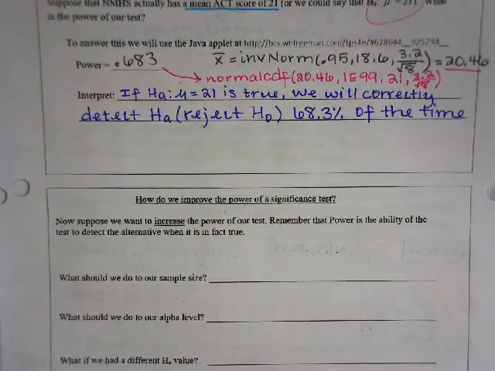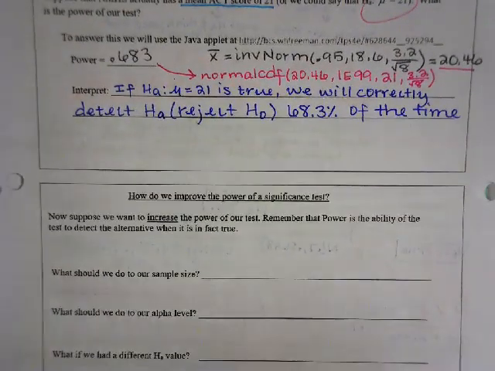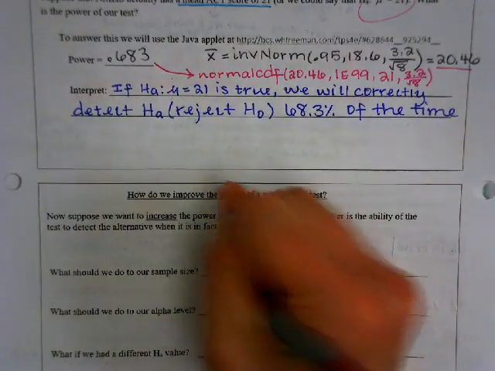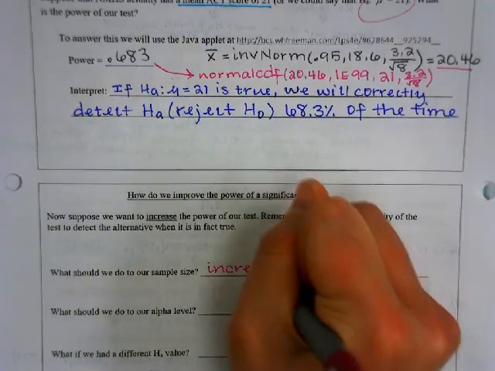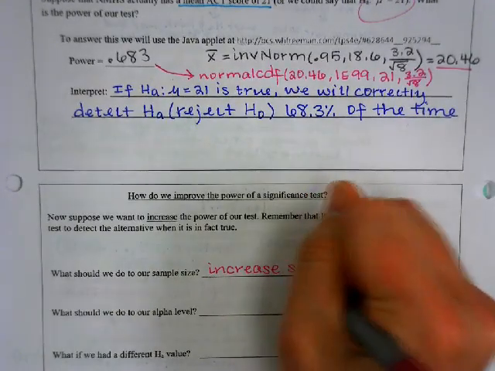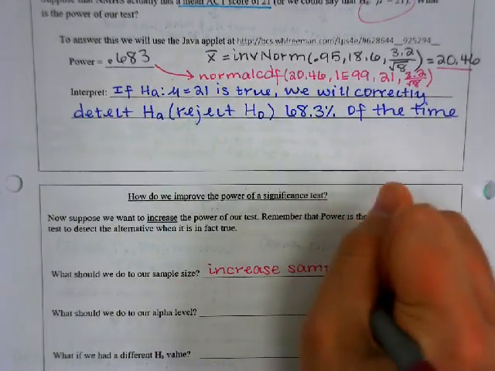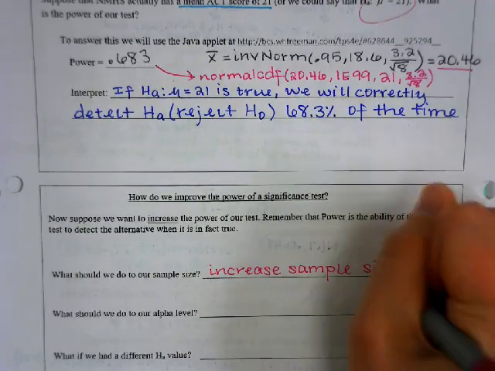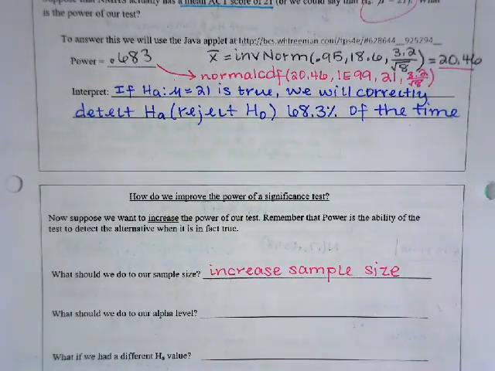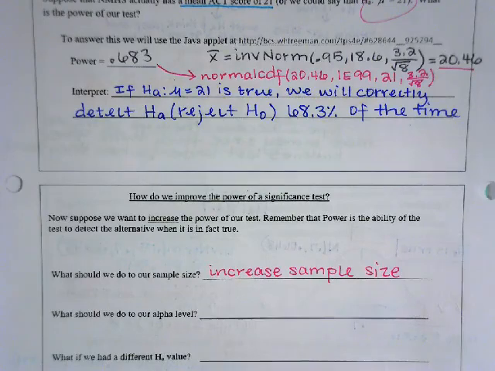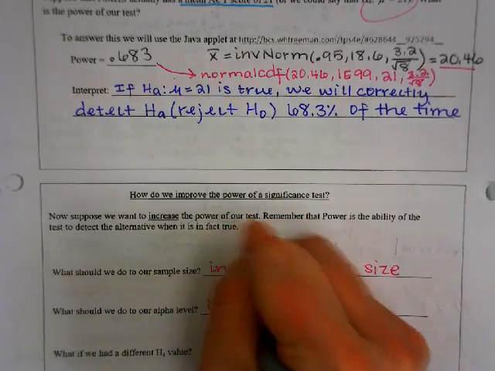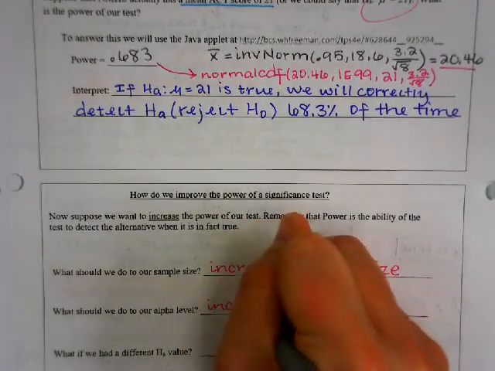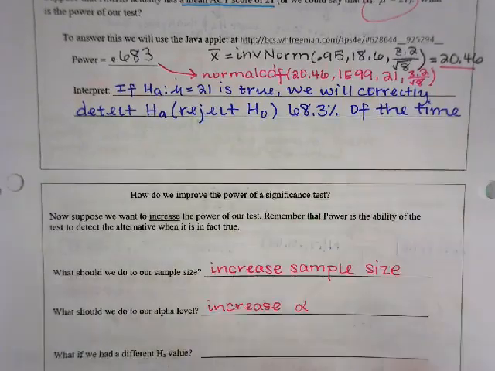What about the alpha level? Increase your alpha level. Because if we increase our alpha level, I'm going to flip back here. If we increase our alpha level, that's going to move this further towards the null, and then that's going to move it further away from the alternative, which is going to create a bigger area.